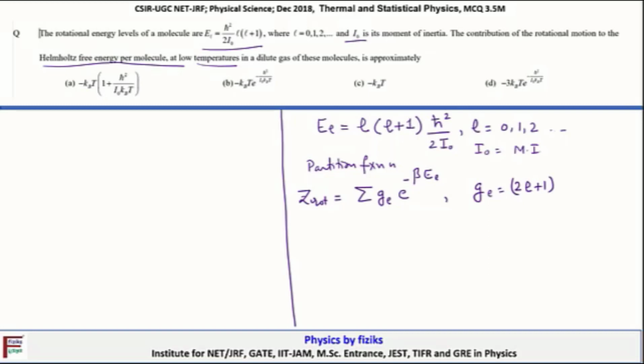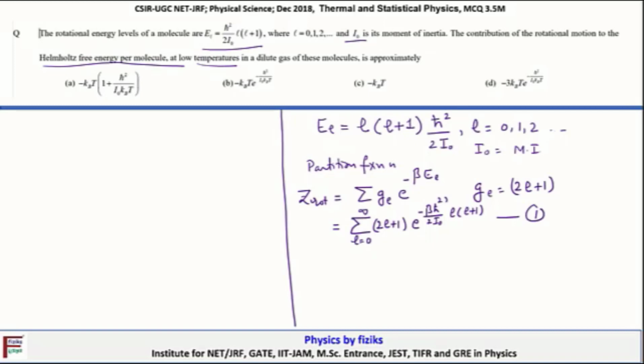Therefore the partition function turns out to be the summation over L from 0 to infinity of (2L plus 1) exponential minus beta h cut square upon 2 I naught L into (L plus 1). Let's call this equation 1.